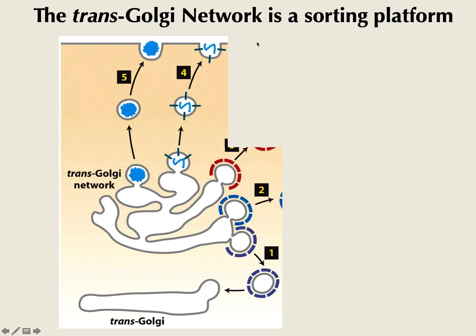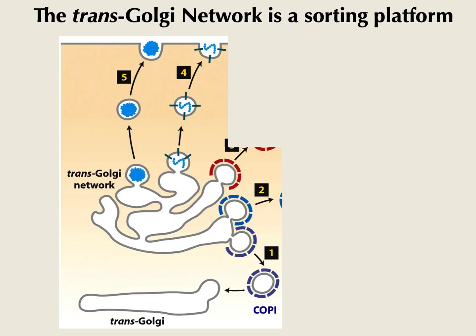And one of the key players, I started previously talking to you about the different kinds of coats, right? And I already alluded to the idea that those different molecular identities convey information. So COP1 is specialized in retrograde transport, and COP2 was specialized in ER to cis-Golgi transport.